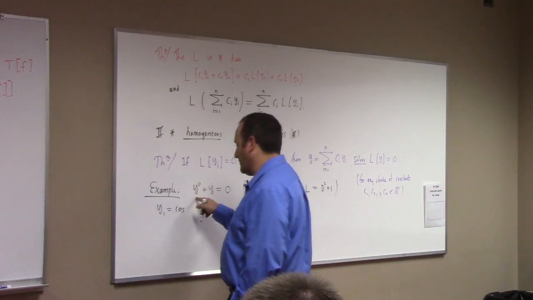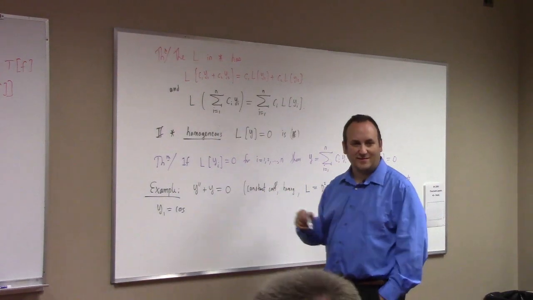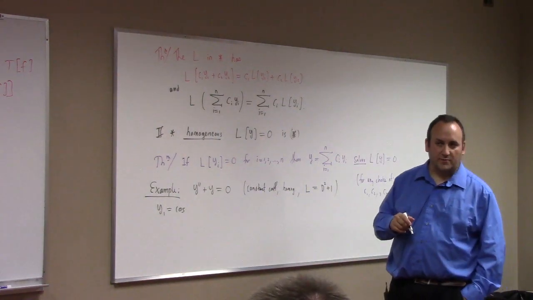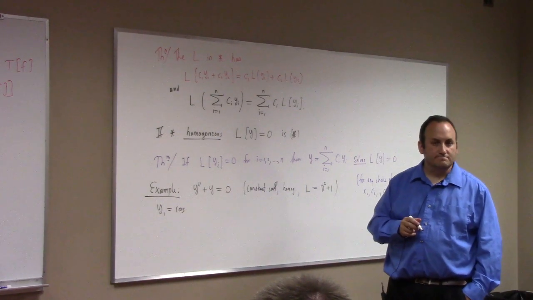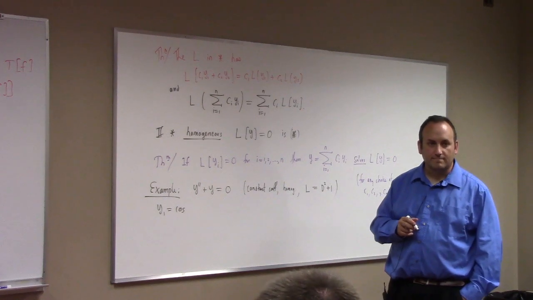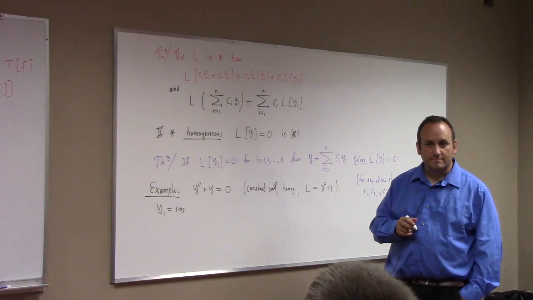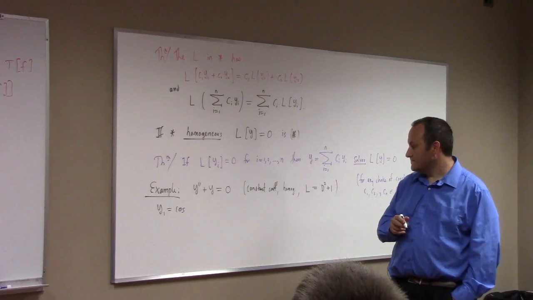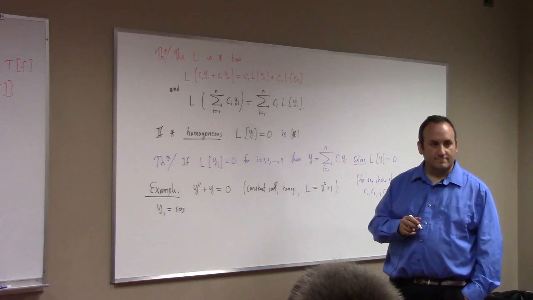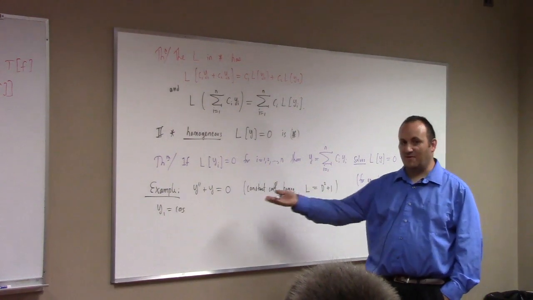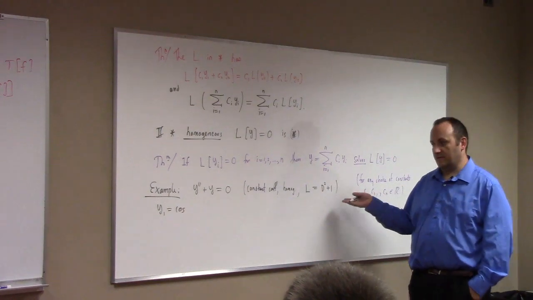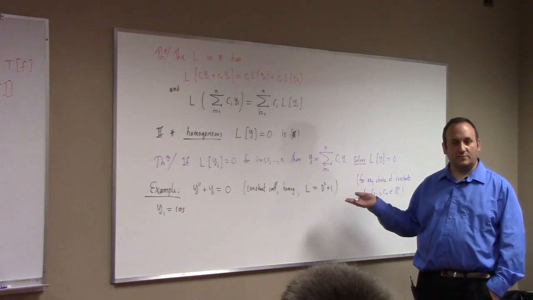Now, I guess the question is what prime means. This is ambiguous, right? What's the independent variable here? It's not been written, has it? In this example, it has not been written. So the question is, what does y prime mean?